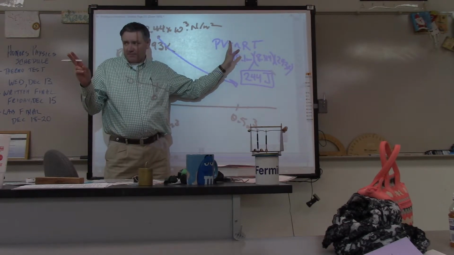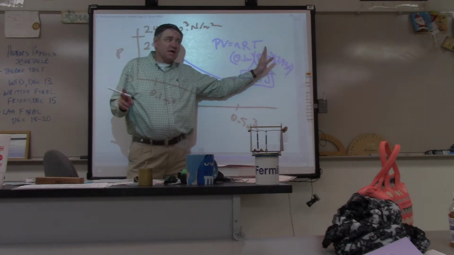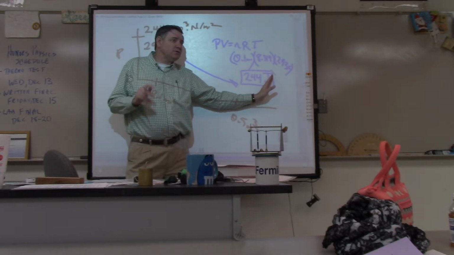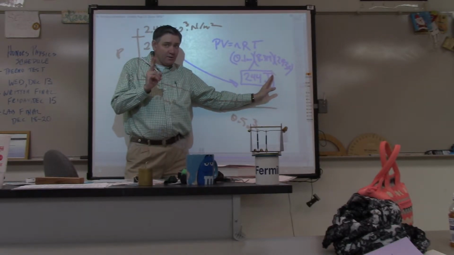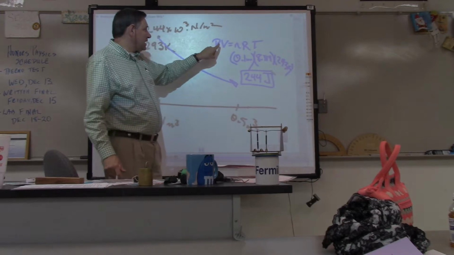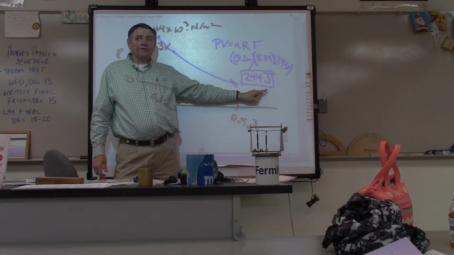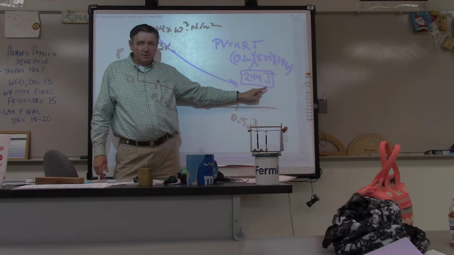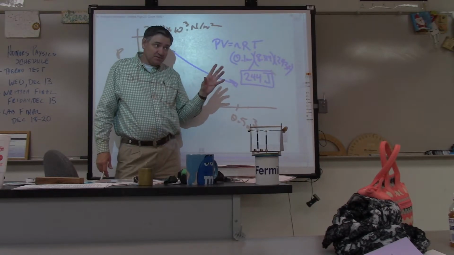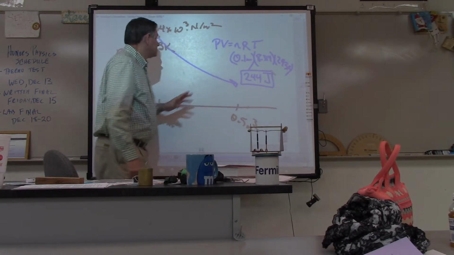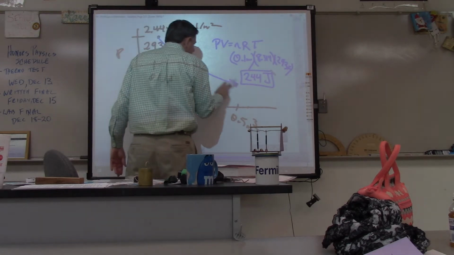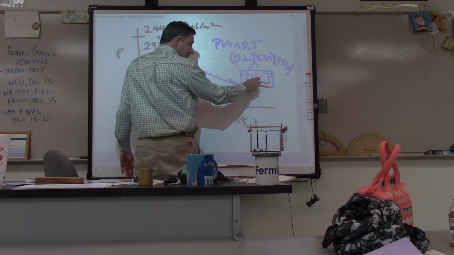I'm increasing it, right? But this side is staying the same. This side always has to equal, in this situation, 244. So when I multiply this pressure and volume together, I always have to get 244 joules because it's an isothermal situation, right? So if I go from here to here, I always have to get 244.